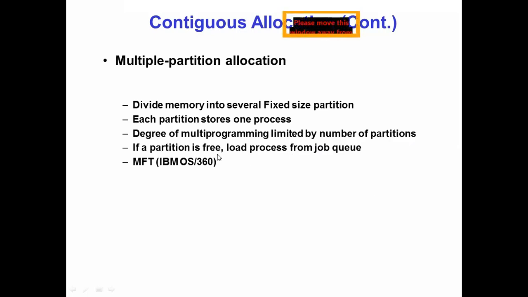If a partition is free, load a process from the job queue. We have the job queue where a number of jobs wait, and then a job is loaded into the particular partition which is free.